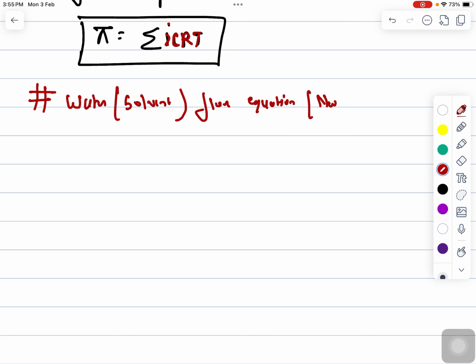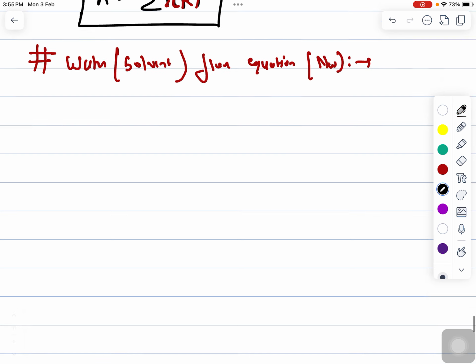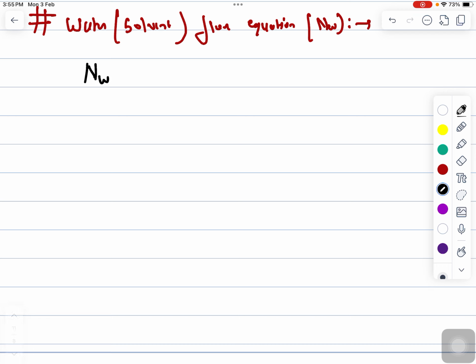The flux equation is NW. Let's write the water flux equation: NW equals BW into delta P minus delta pi, where delta P is the pressure difference and delta pi is the osmotic pressure difference.